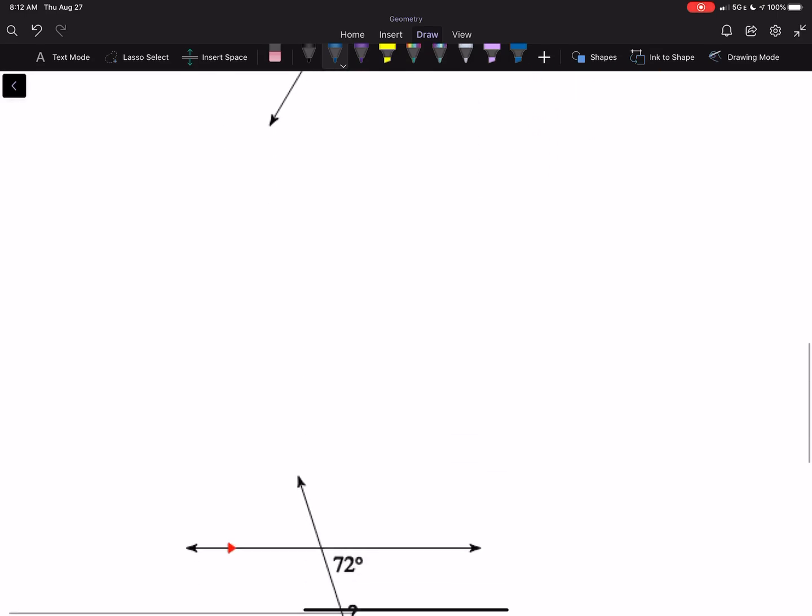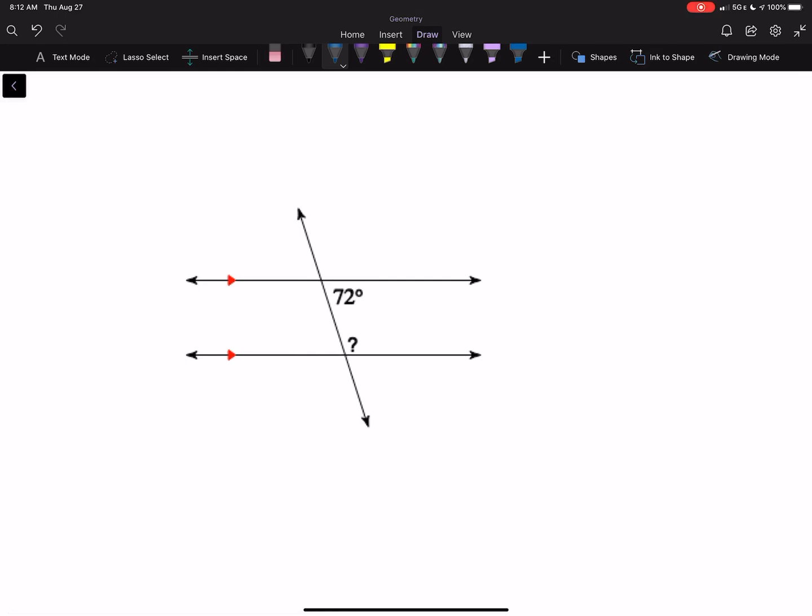All right, so give this one a try on your own real quick. All right, I'll walk through it with you now. So these are SSIs because they're both interior. They're both on the same side. This happens to be the right-hand side again. X plus 72 equals 180. Subtract 72 from both sides.